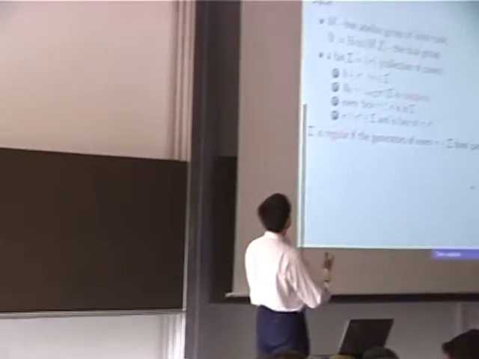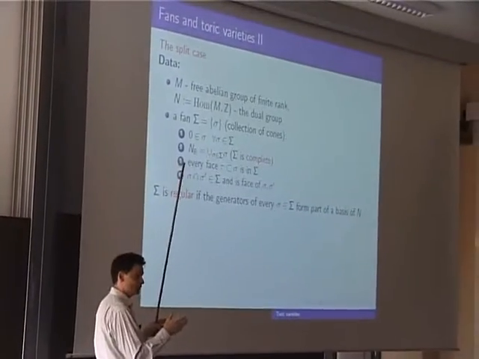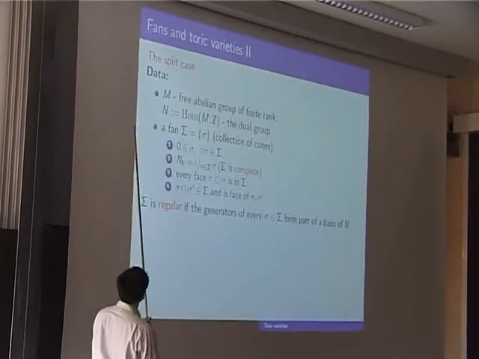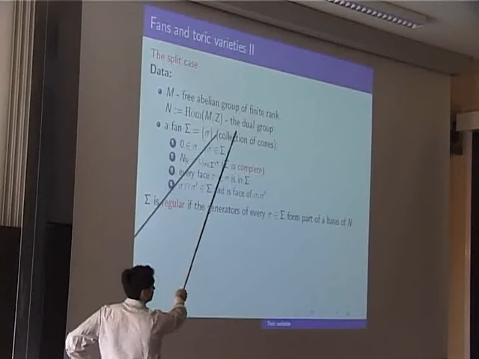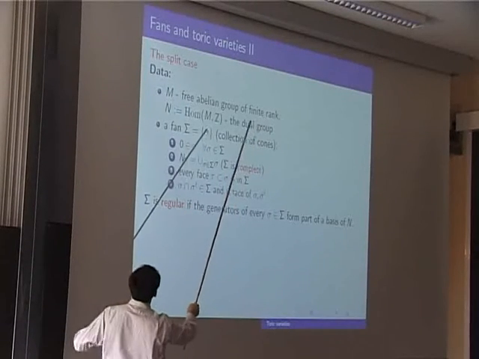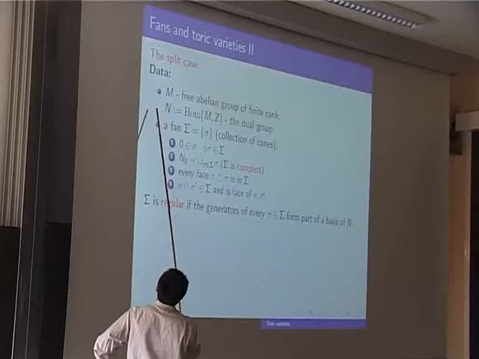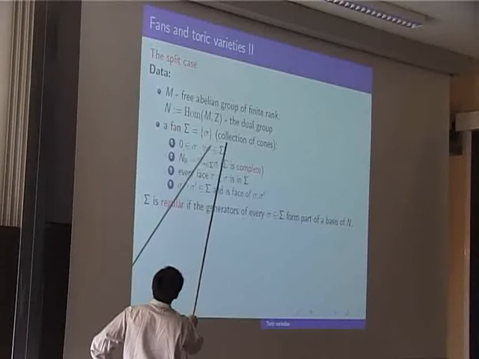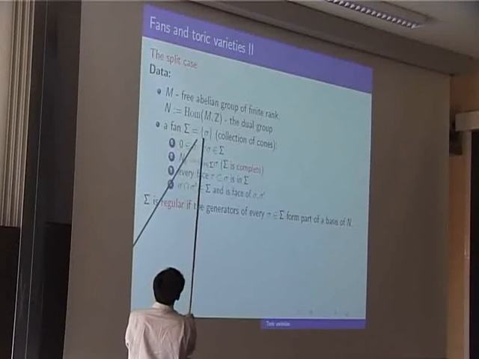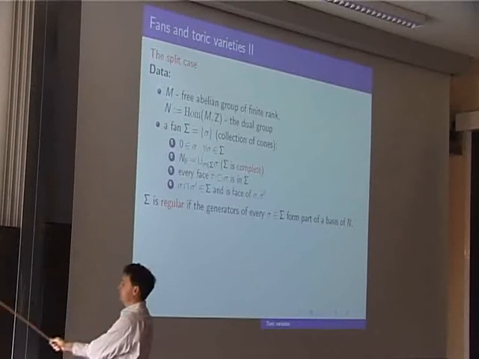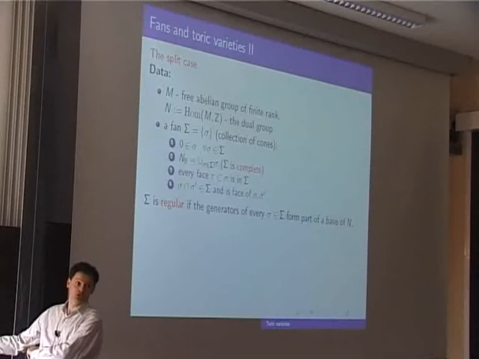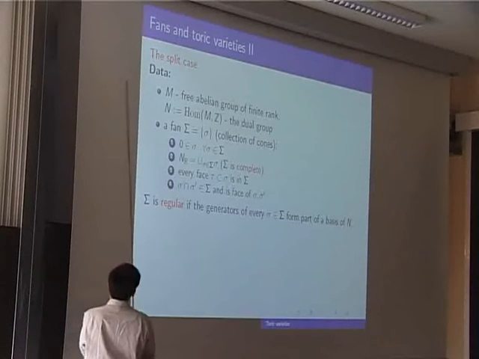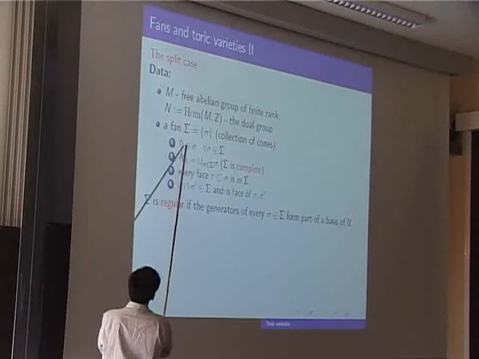In the general split case, meaning now tori isomorphic to products of G_m, it looks like this. We take M, like Z^d, so we have a dual group, and we have a fan, which is a collection of cones, just like here. This is a cone, this is a cone, and this 0 is also a cone, and 0 is in every cone.